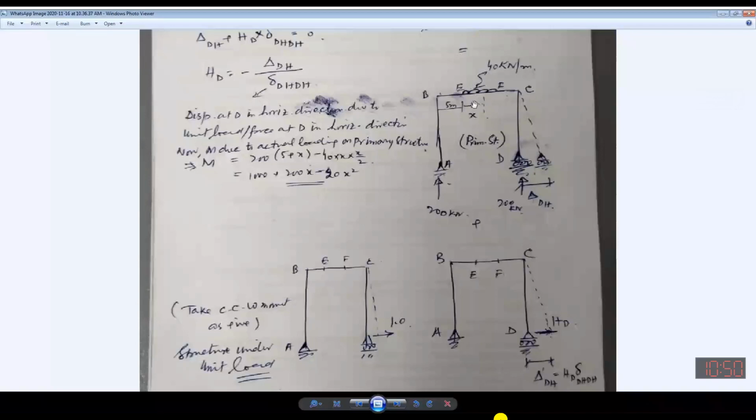So it comes out to be minus, because it is producing hog inward. It is producing hog inward. So 40 into x by 2. So it comes out to be 1200x minus 20x square. Is it okay?